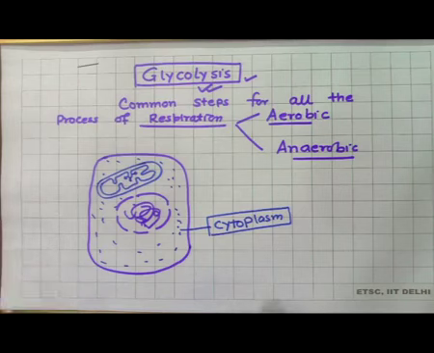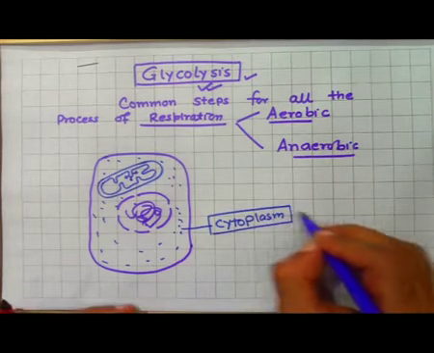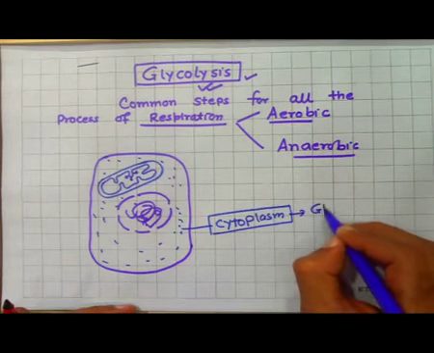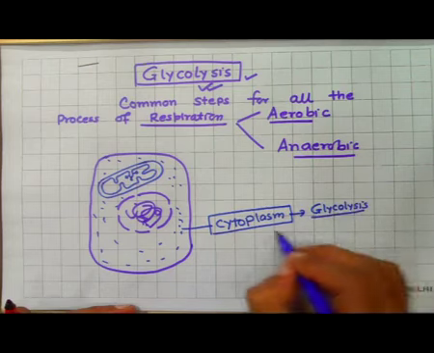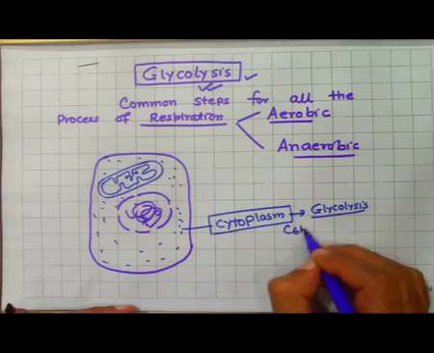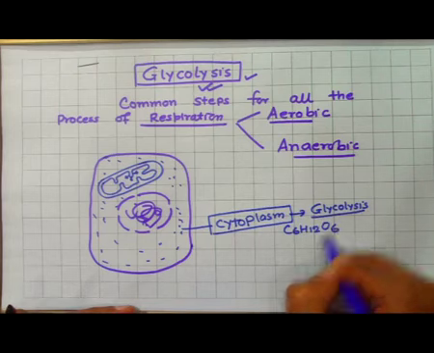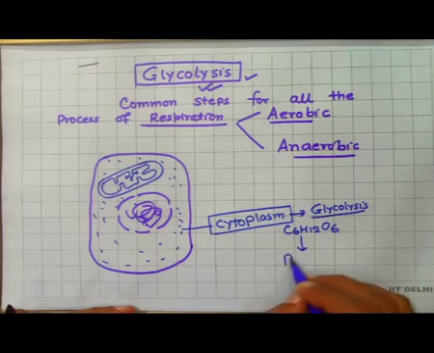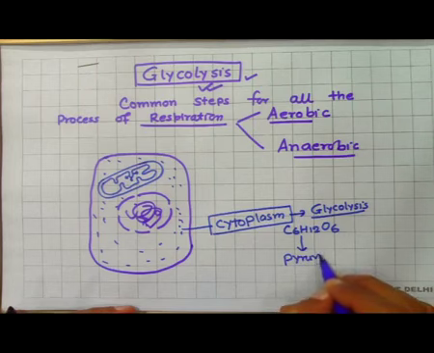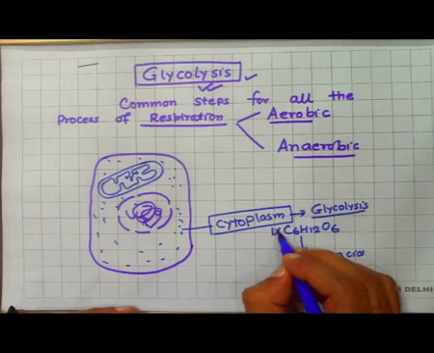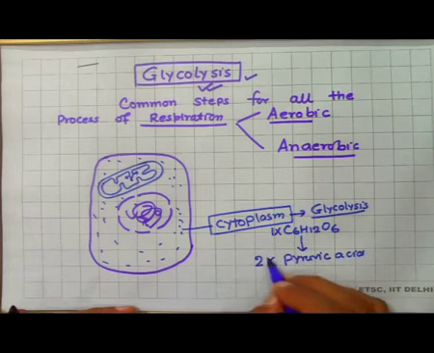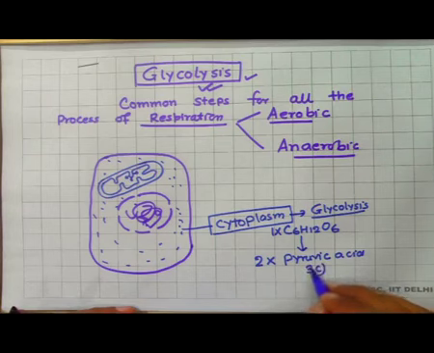So, we can summarize this: in cytoplasm glycolysis takes place. Here the glucose molecule is converted into pyruvic acid. One glucose molecule forms 2 molecules of pyruvic acid. The pyruvic acid is a 3 carbon compound.